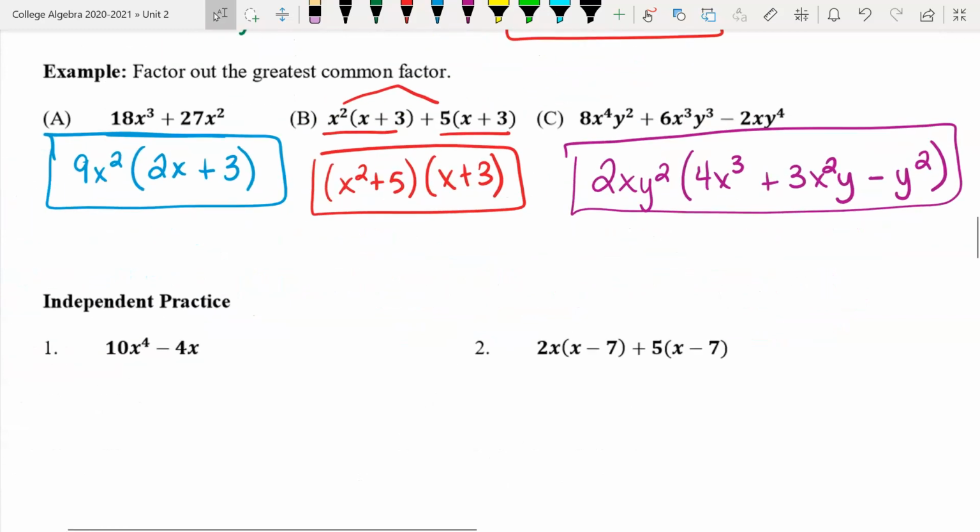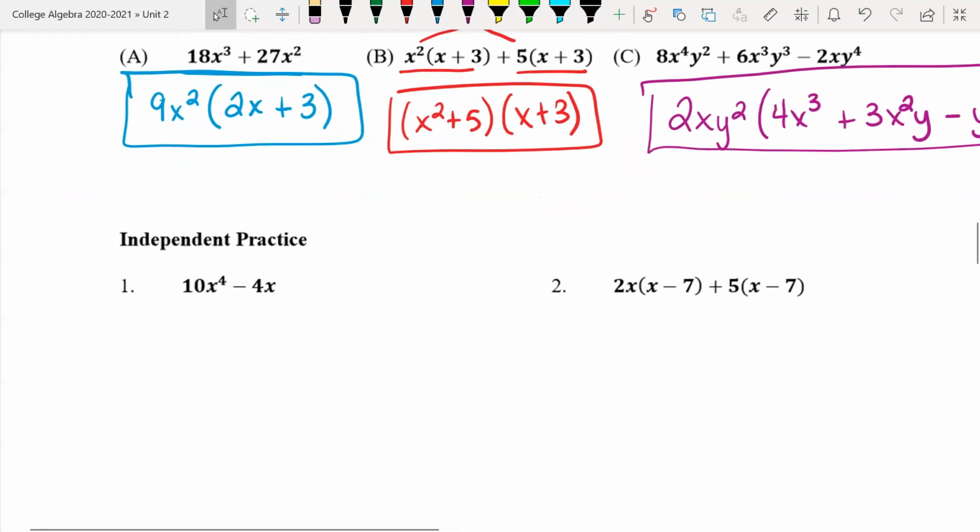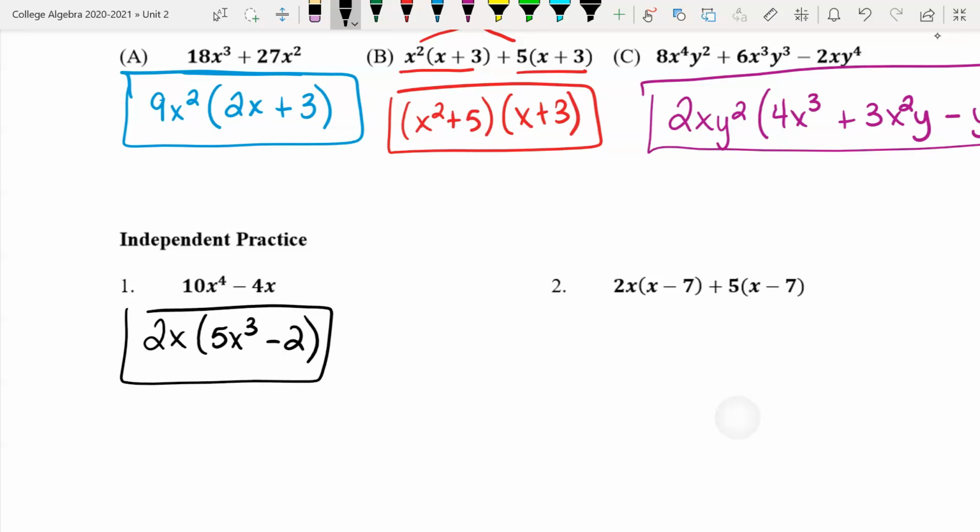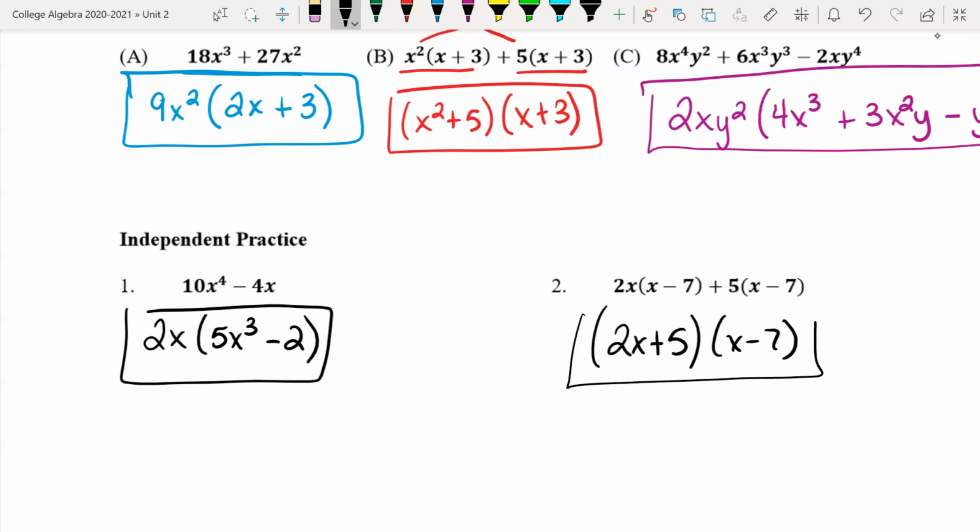That's called factoring. For independent practice, again, I encourage you to pause the video and try these problems. So that's just some examples of factoring the GCF.